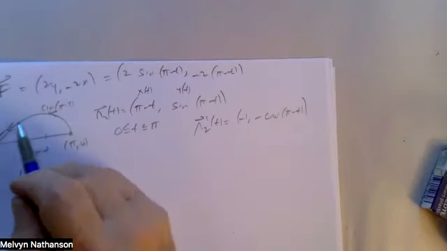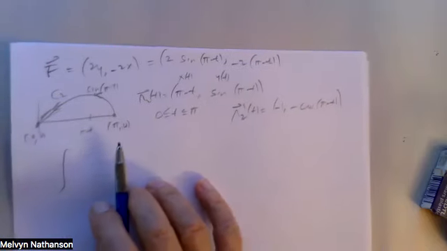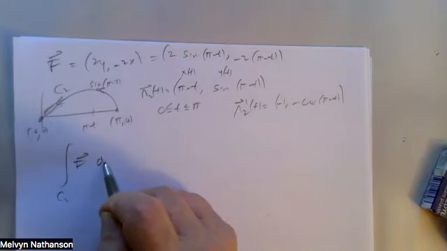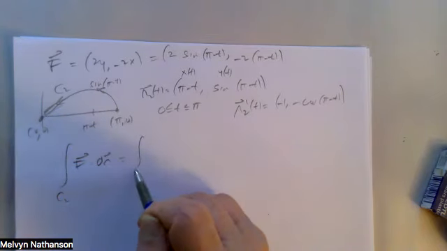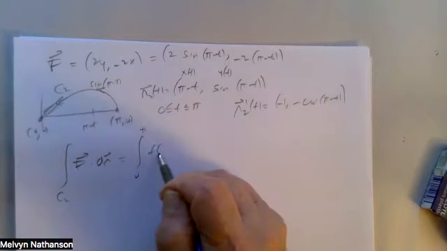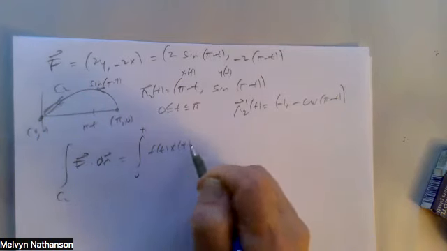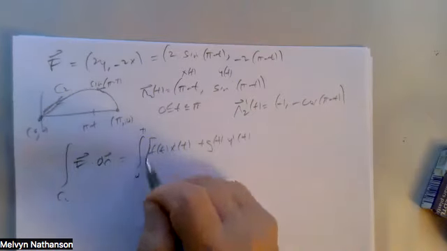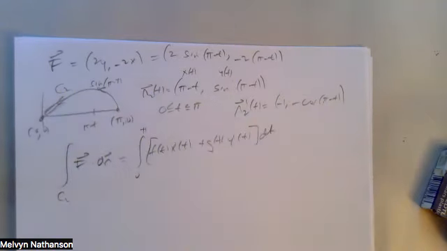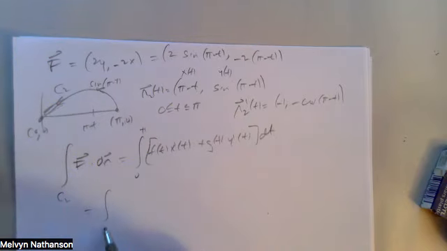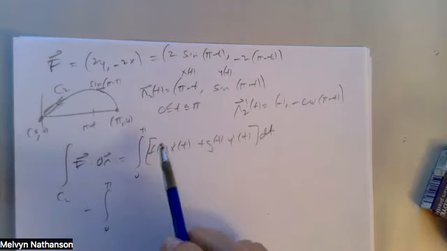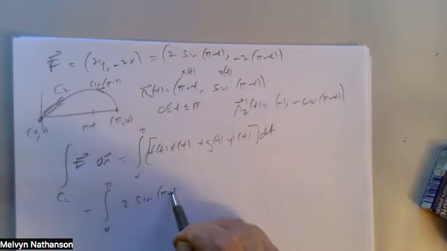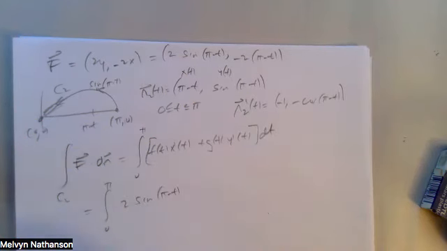So this is the curve C2, and the integral around the curve C2 of f dot dr is the integral from 0 to pi of f of t x prime of t plus g of t y prime of t dt. F of t is 2 times the sine of pi minus t.